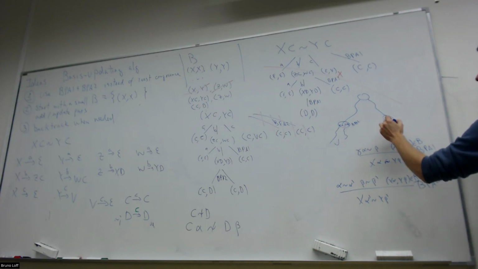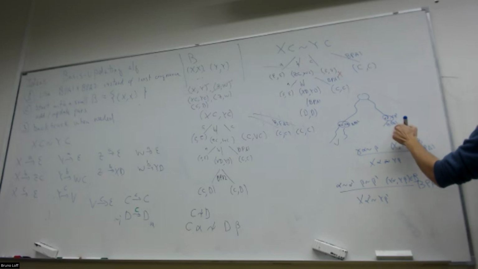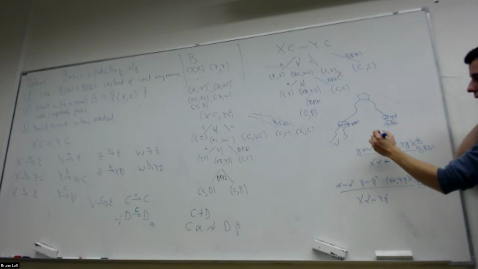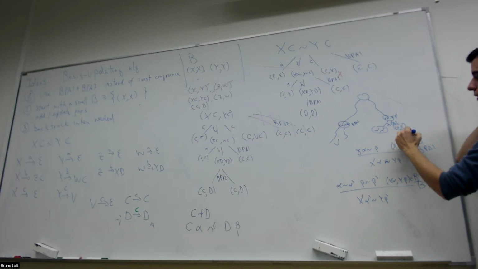And now you go here, and you find this X alpha prime, Y beta prime, where you use this BPA2 rule based on this pair. I have alpha prime and beta prime, and let's say one of these finds the total failure.